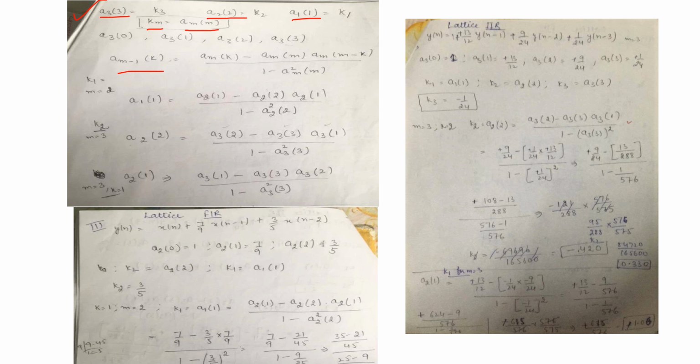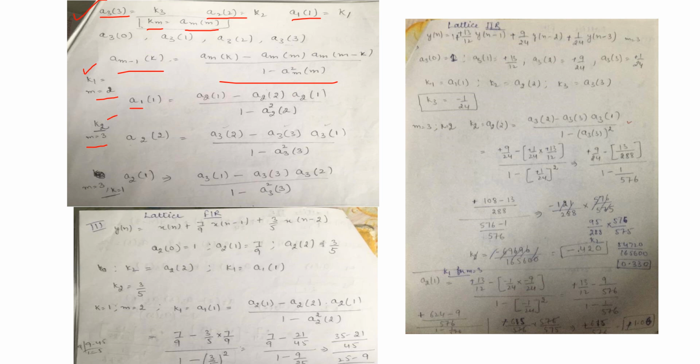Suppose if the order of filter is 2, then you have to calculate the value of K1. How will you calculate? m is 2, 2 minus 1 is 1, A1, and you are calculating K1. So you write here 1. And this is the formula to calculate. Suppose for third order filter you have to calculate K2.